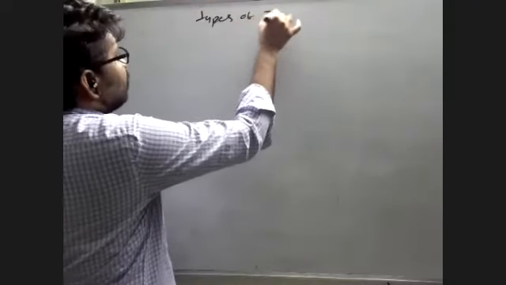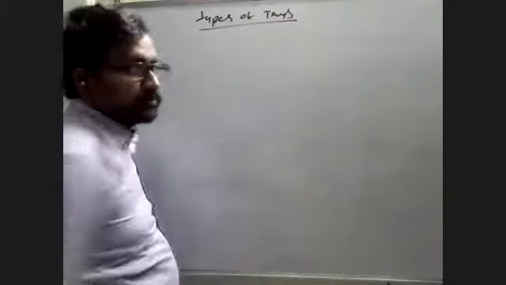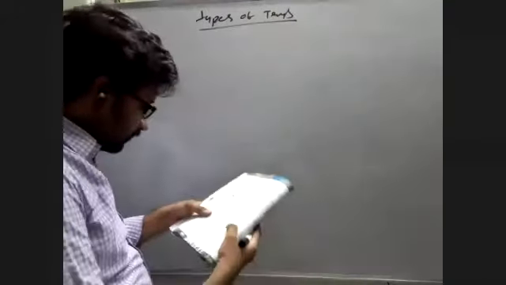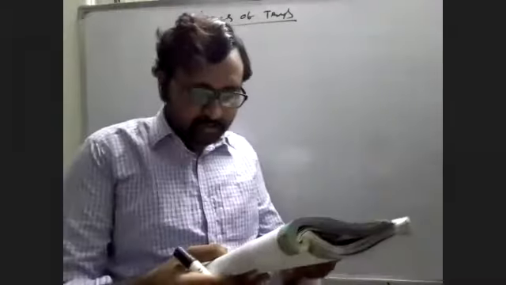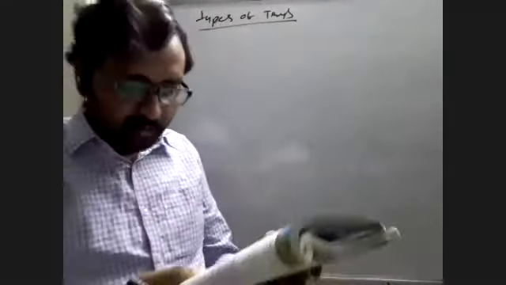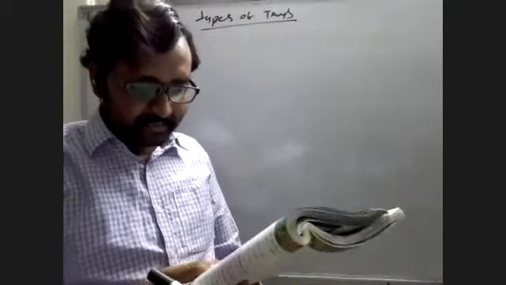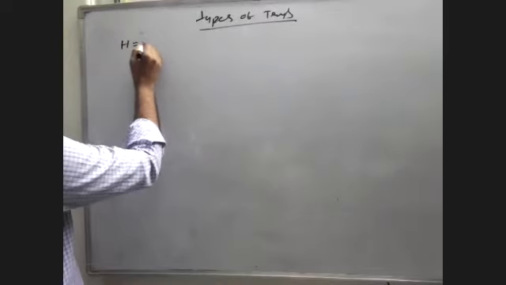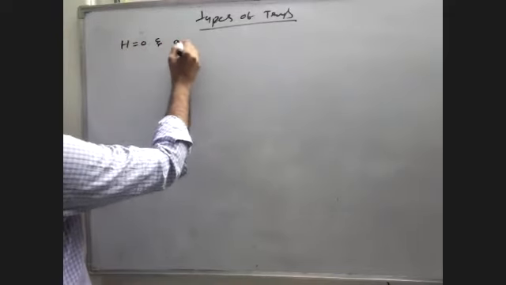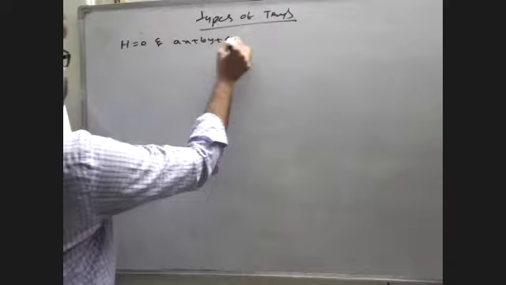Types of triangles. See here, one pair of line and one straight line. The equation of the pair of lines passing through the origin and forming an isosceles triangle with the line is: one pair of line is equal to 0 and one straight line I am writing, ax plus by plus c is equal to 0.